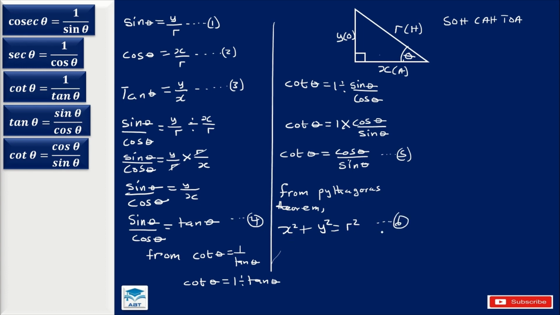So we are going to divide equation 6 by r squared. So dividing through equation 6 by r squared, we have x squared divided by r squared plus y squared divided by r squared is equal to r squared divided by r squared.